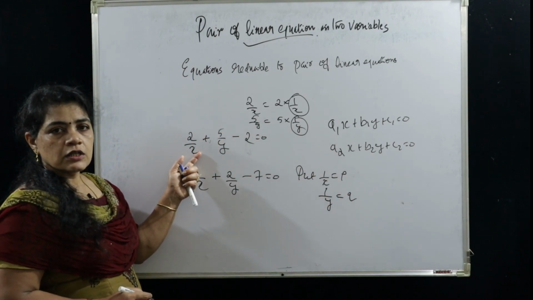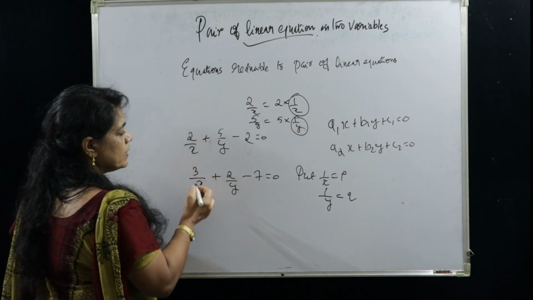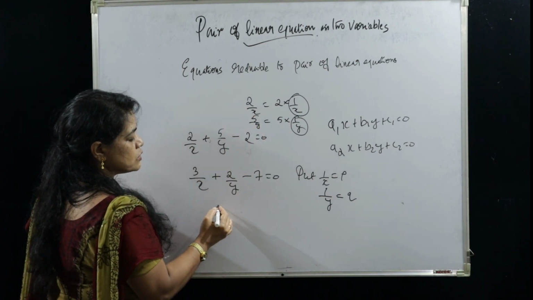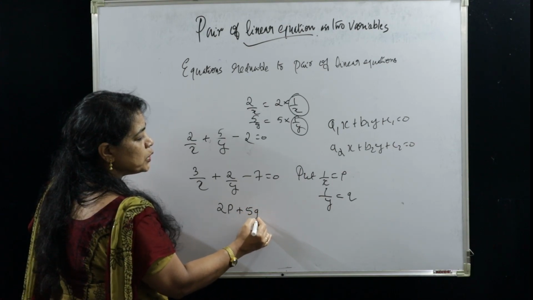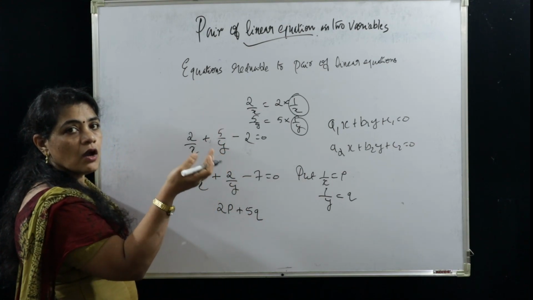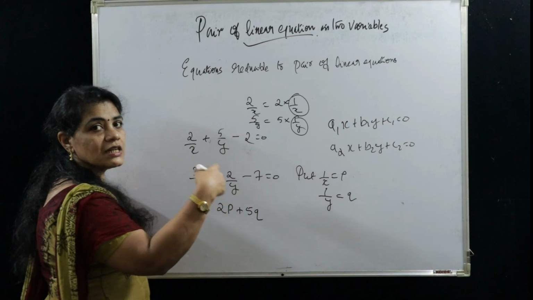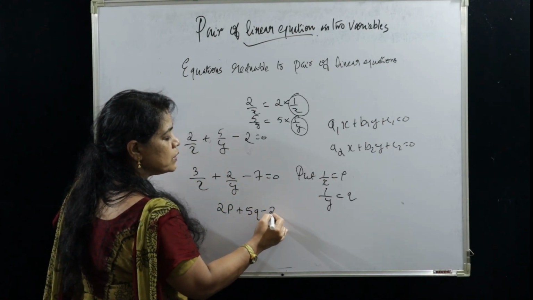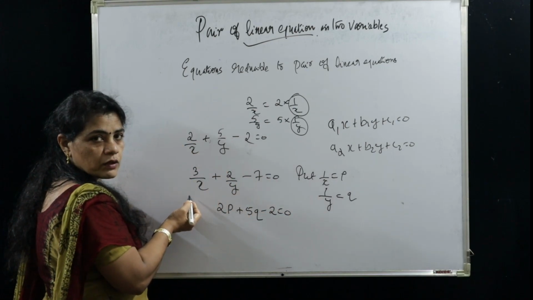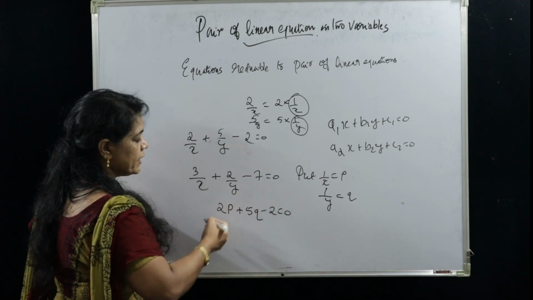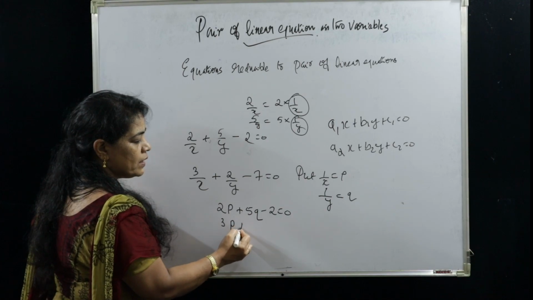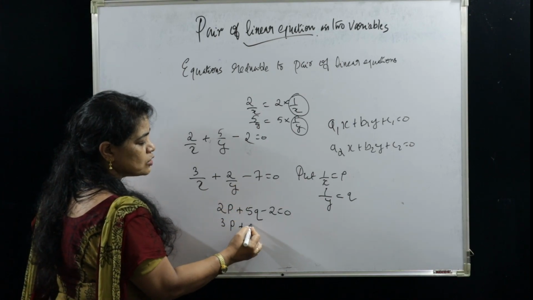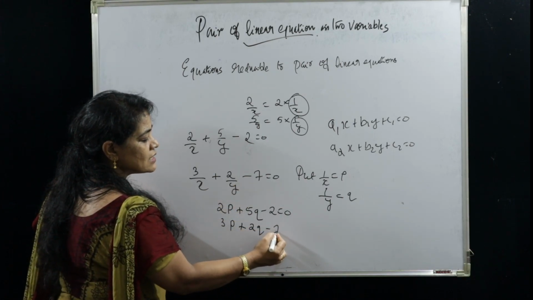So this equation becomes 2 into 1 by x, so 2p, plus 5 into 1 by y, that is 5q, minus 2 equal to 0. The second equation, with the same substitution, is 3 into 1 by x, that is 3p, plus 2 into 1 by y, that is 2q, minus 7 equal to 0.